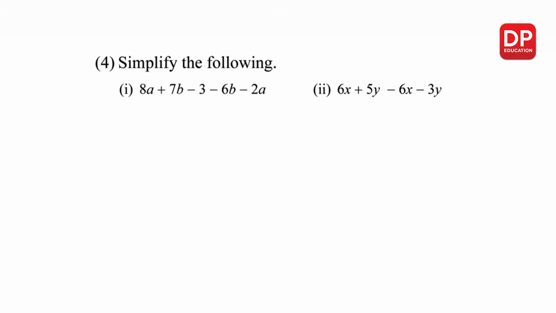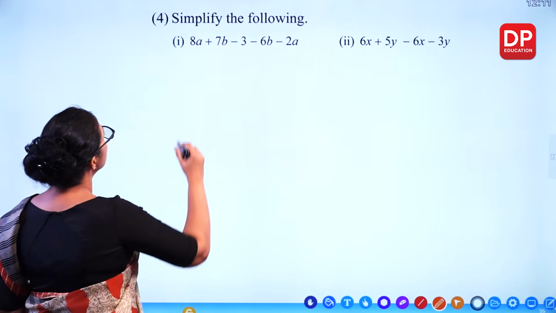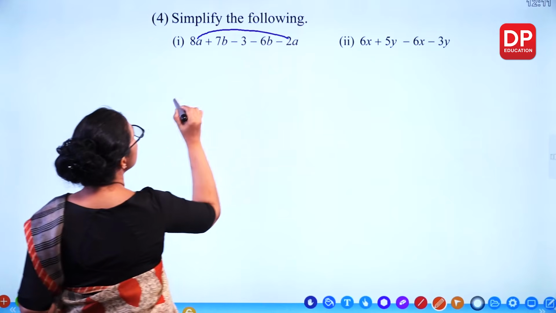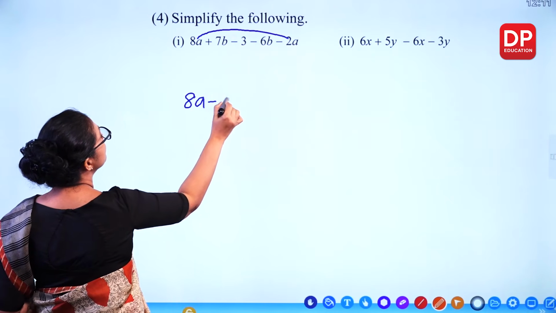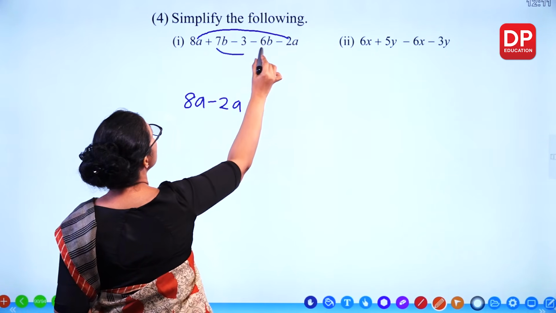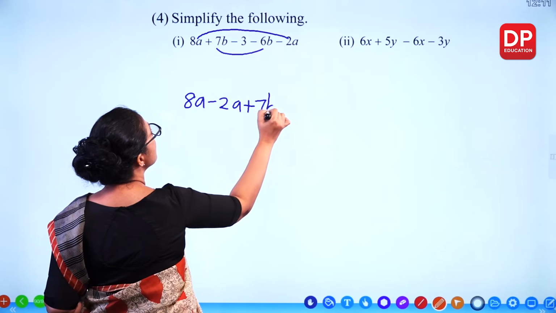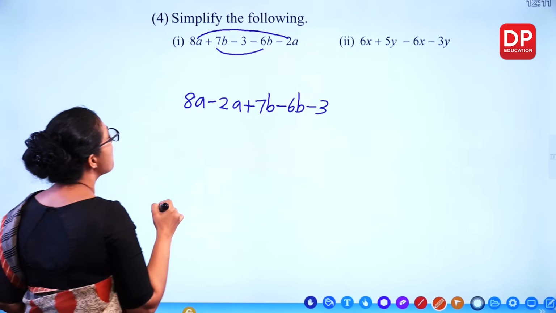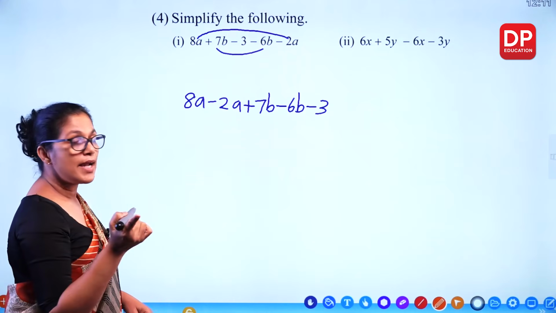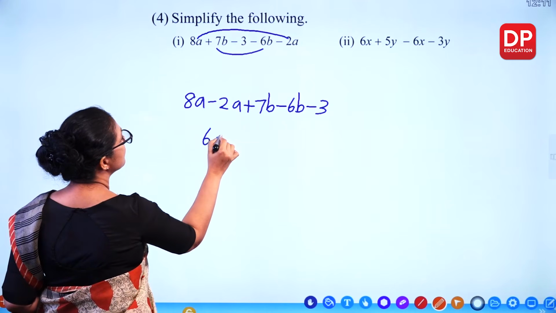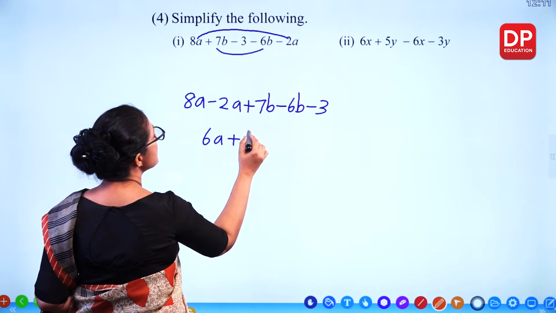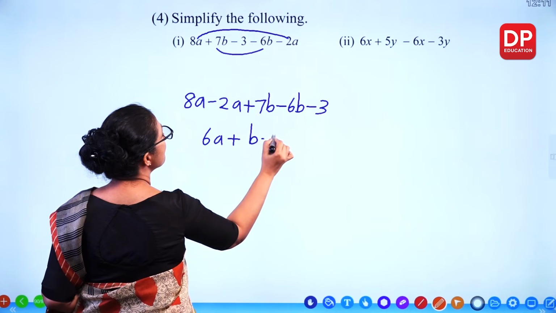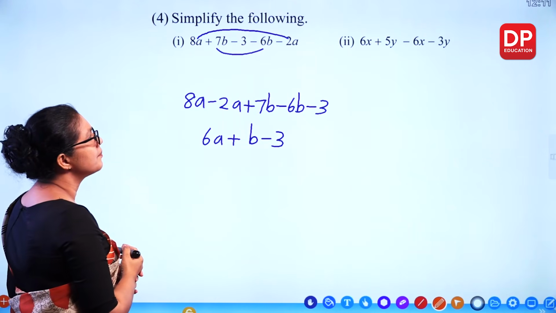Simplify the following. Like terms, 8a and minus 2a, 7b and minus 6b and minus 3. 8a minus 2a, that's 6a. 7 minus 6, you get 1b minus 3.